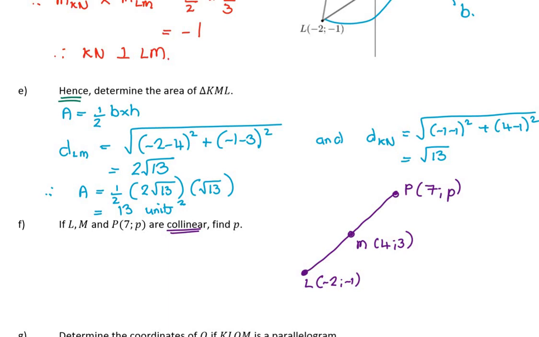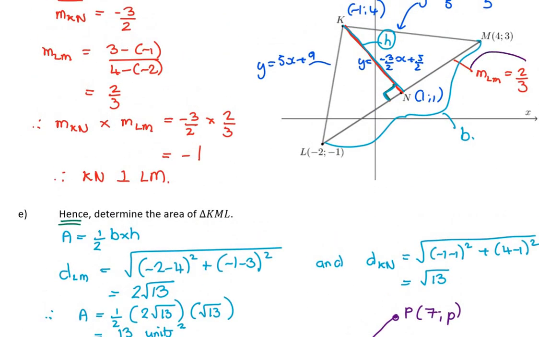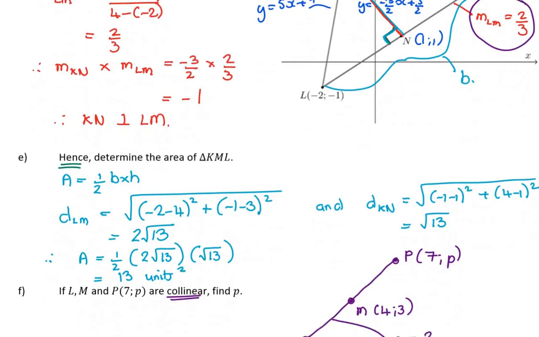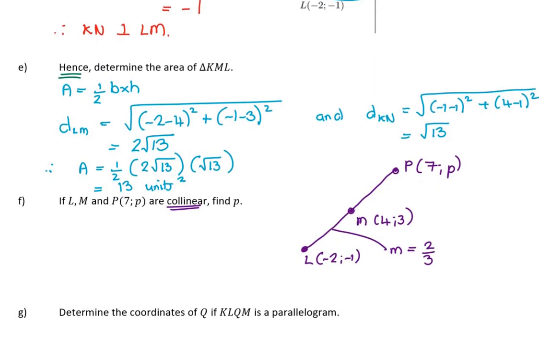Now I find the easiest way to do this is to think to myself, well, if they're on the same straight line, they have the same gradient. Now I know this gradient of LM. My gradient of LM is 2/3. And because I've written that on my picture, I won't forget it. So I'm not going to go and redefine that gradient. So I know that this gradient from M to P must also be 2/3.